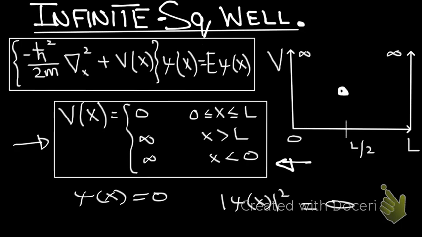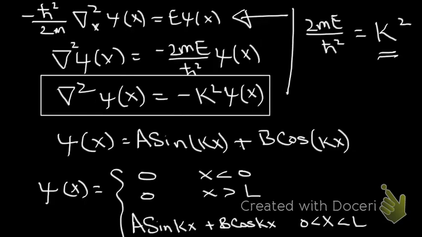The continuity of psi of x requires that psi at 0 and psi of L, because this over here is L, must be equal to 0. So let me actually write it down over here.